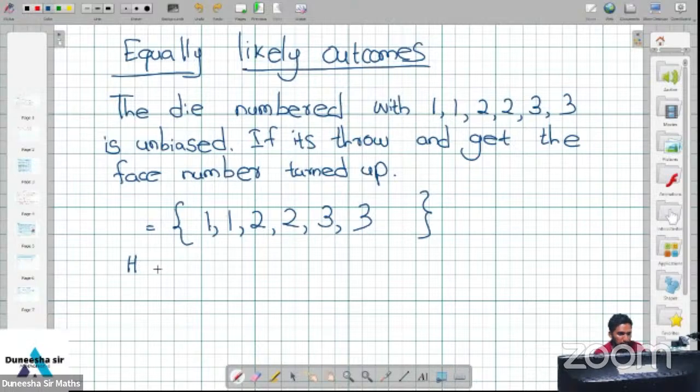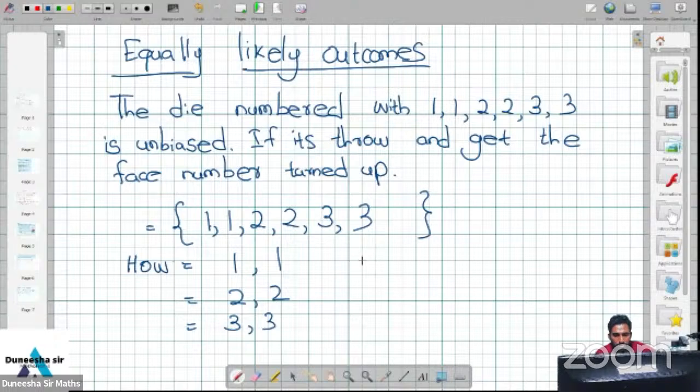How many ones? How many twos? 2 twos. 2 threes. Okay. Then if we got the one turned up, what is the possibilities? Same to the get 1, get 2, and get 3.